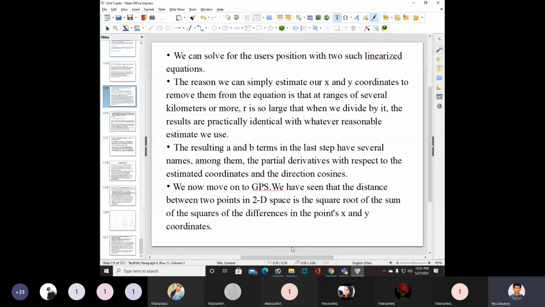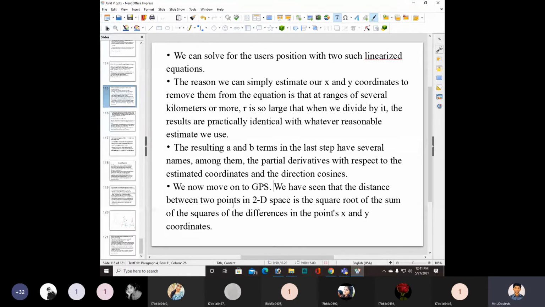We have seen that the distance between two points in two-dimensional space is the square root of the sum of the squares of the differences in the points' x and y coordinates.